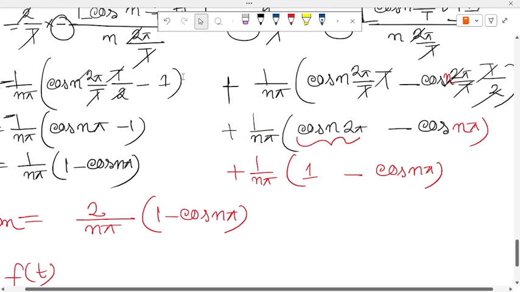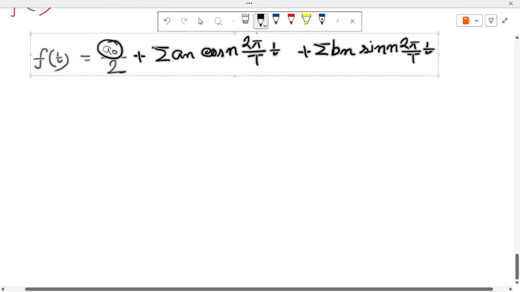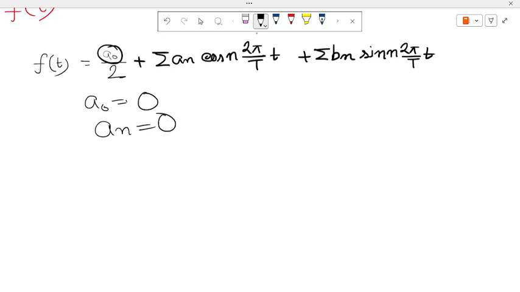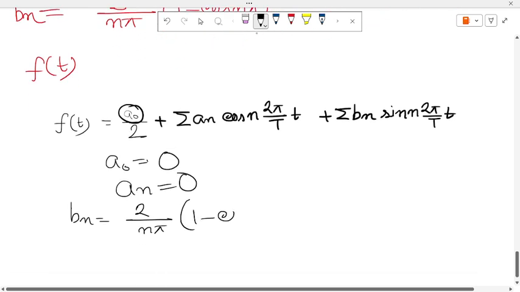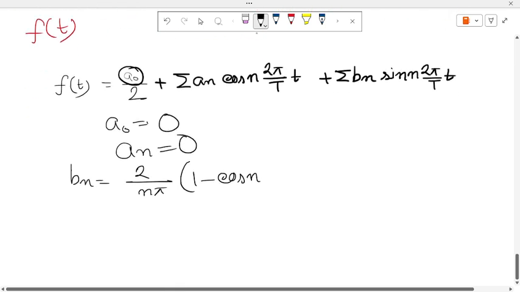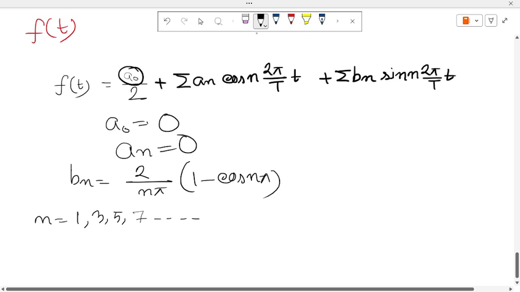So what I have obtained is that a naught is equal to 0, a n is also equal to 0, but bn is equal to 2 divided by n pi, then 1 minus cos n pi. Now let's see, n is an odd number, 1 3 5 7 up to infinity.